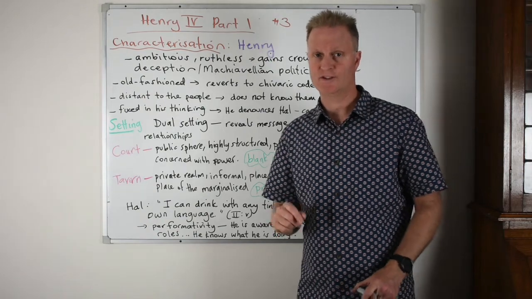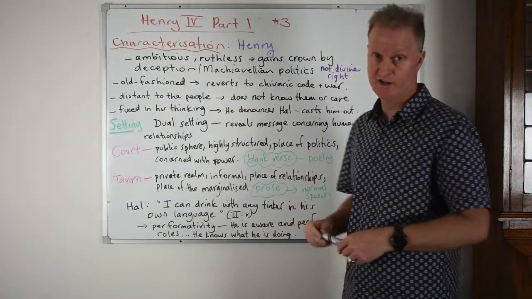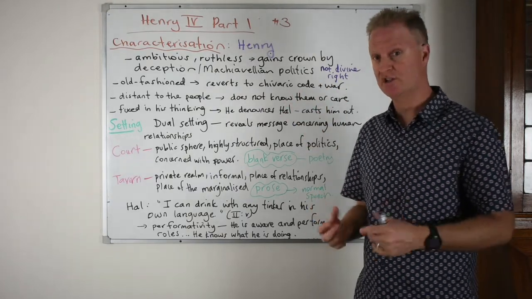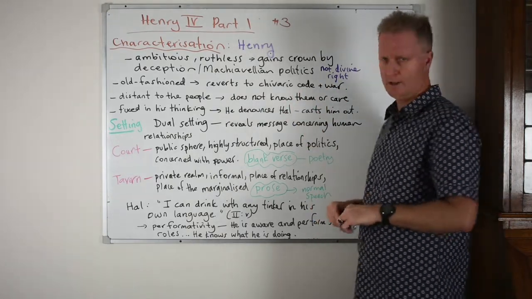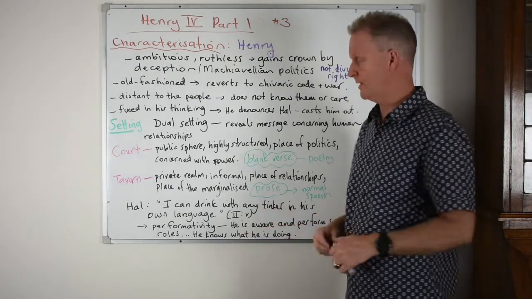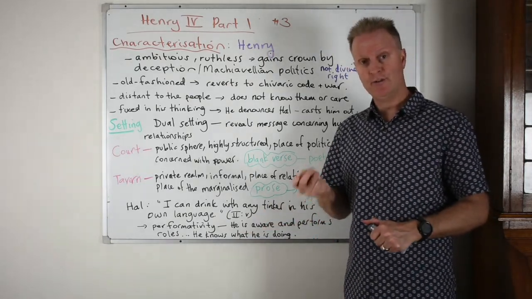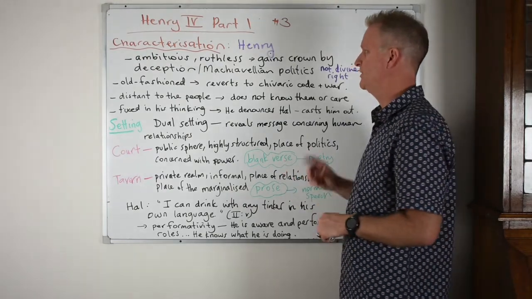So before we move on to setting, let's just talk about the characterization of Henry. He's presented to us as being very ambitious and pretty ruthless in the way that he carries himself. He gains the crown not through divinity, not by divine right, but through deception.